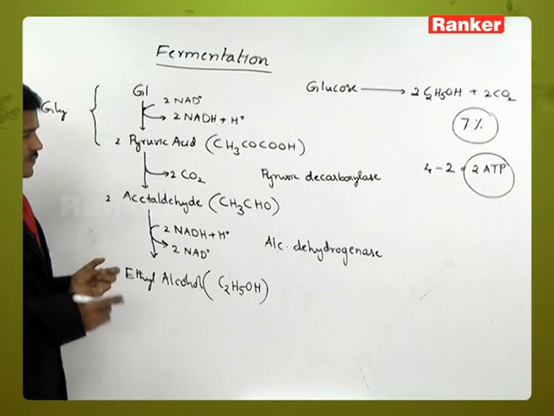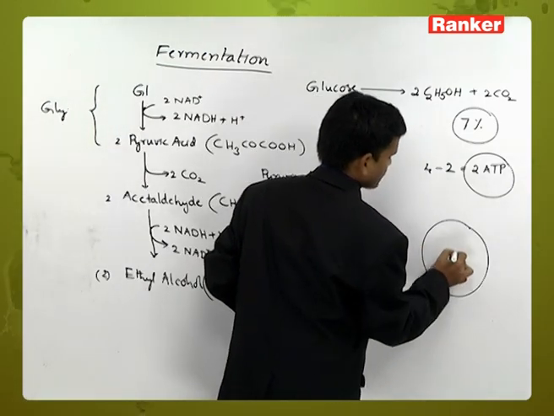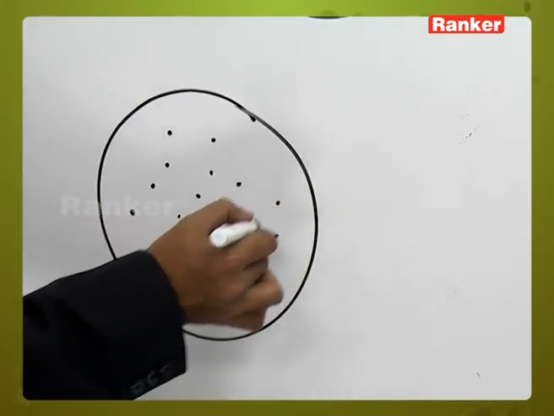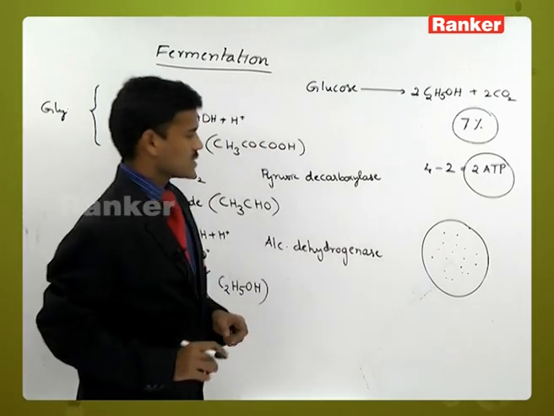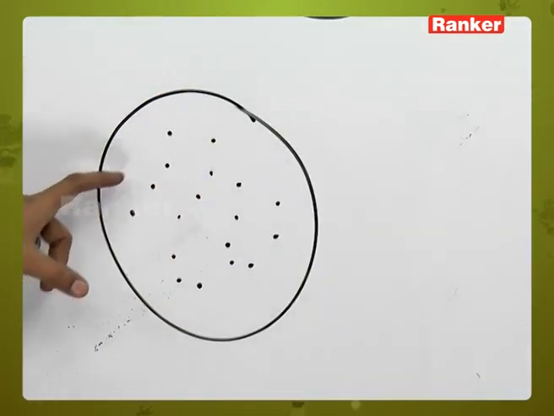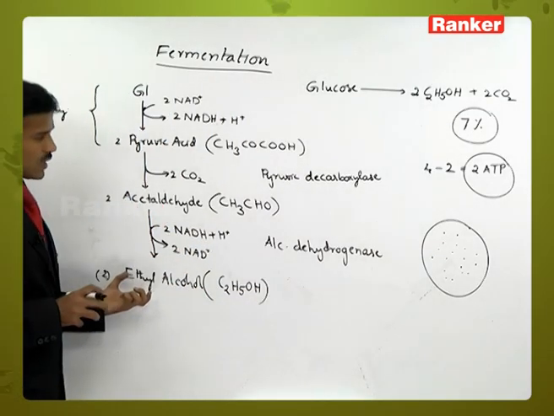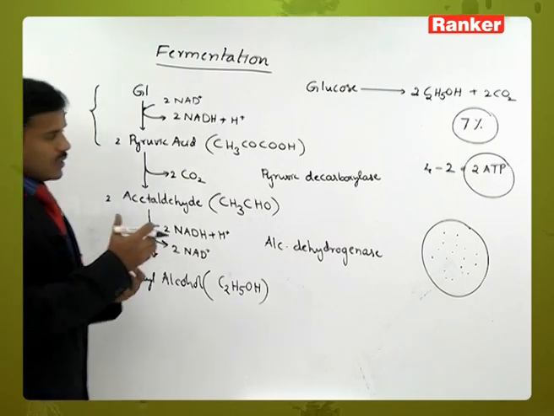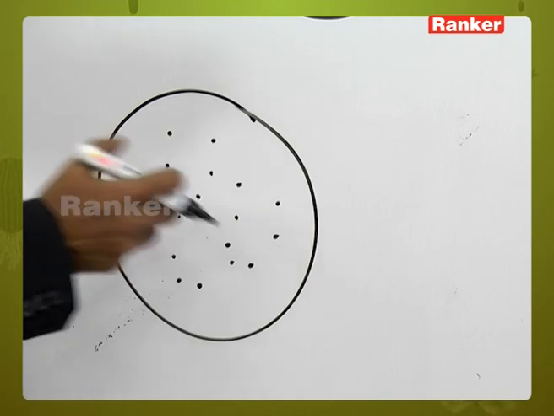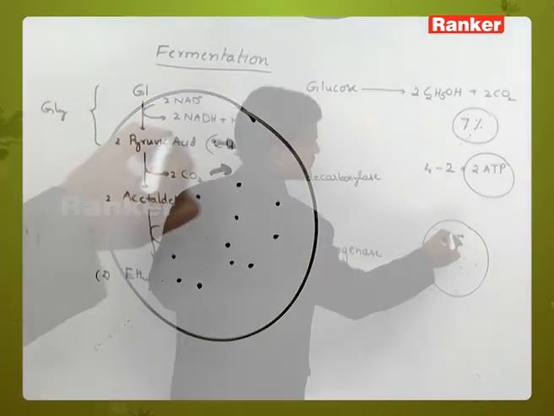For example, here yeast is in the culture plate. All these are yeast, fungal members. They are consuming the glucose or raw material present in the surroundings, and converting it into ethyl alcohol. Continuously the alcohol is produced by these fungal members and released outside.